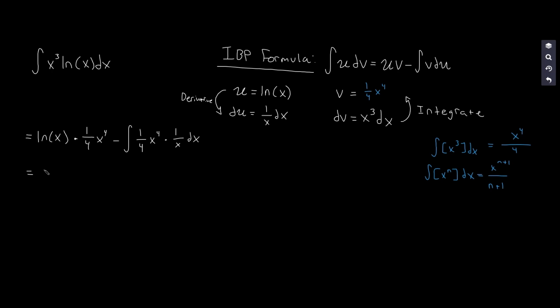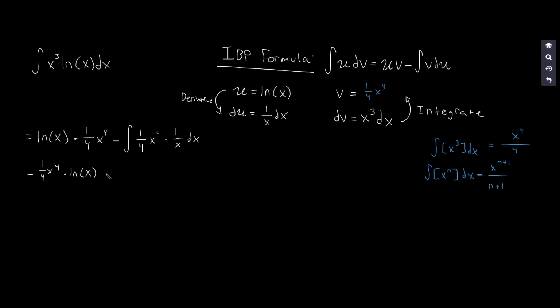Now I'm just going to simplify this. I'm going to bring that 1/4 out front right here. I'm going to bring 1/4 times x raised to the fourth power, and I'm going to multiply it by the natural logarithm of x. I just switched their positioning. I mean, I don't have to, but that's what I did.